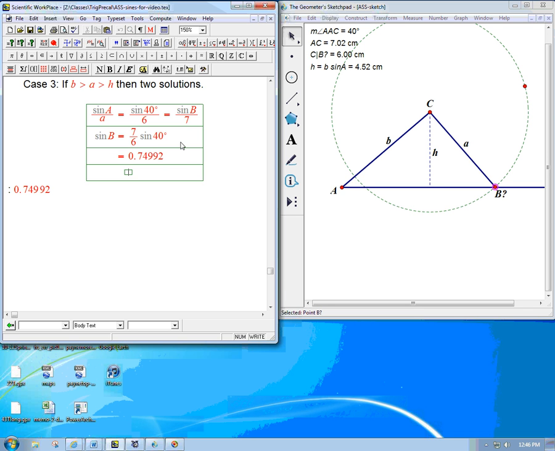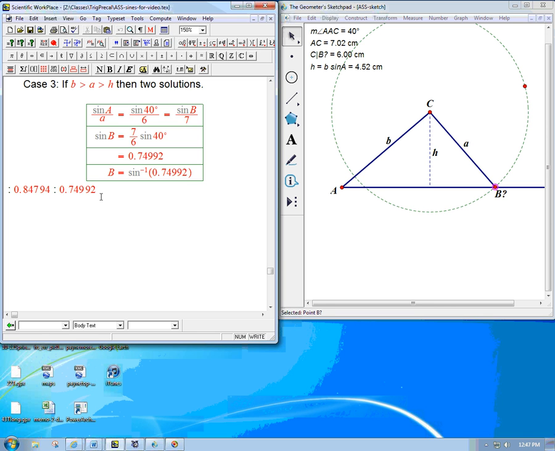Now here's what looks like an unobjectionable step. I've got an angle that I want to know, and I know its sine, so B is going to be the inverse sine, right? Well, it turns out that's going to be a little subtle, of 0.74992. So let's compute that.